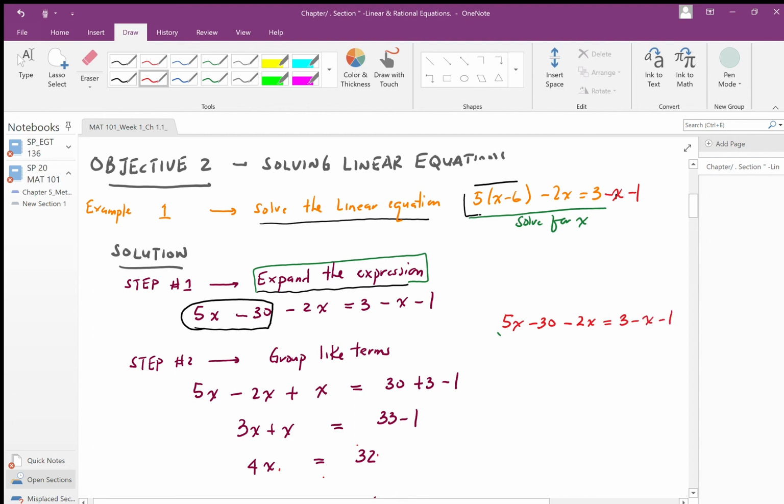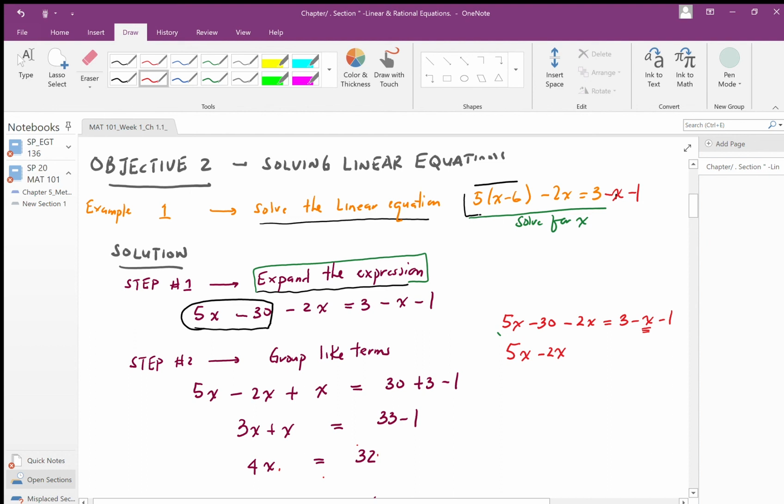Okay, so we want to be able to group like terms together. And so now I'm going to keep anything associated with x on the left hand side. So it's going to be 5x minus 2x. And I have an x right here. Alright? And I want to bring it over to the left hand side of the equation.